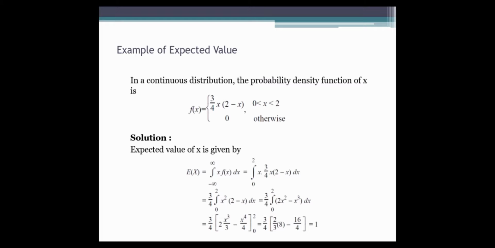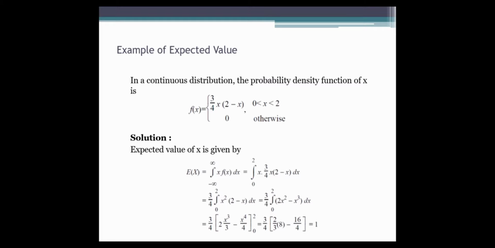So it equals 3 over 4, and inside this bracket is 2x cubed over 3 minus 4 to the power of 4 over 4.